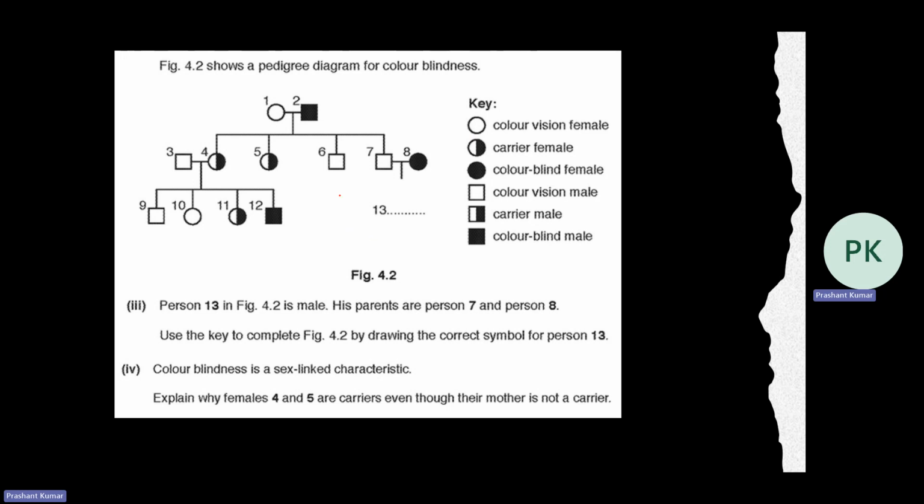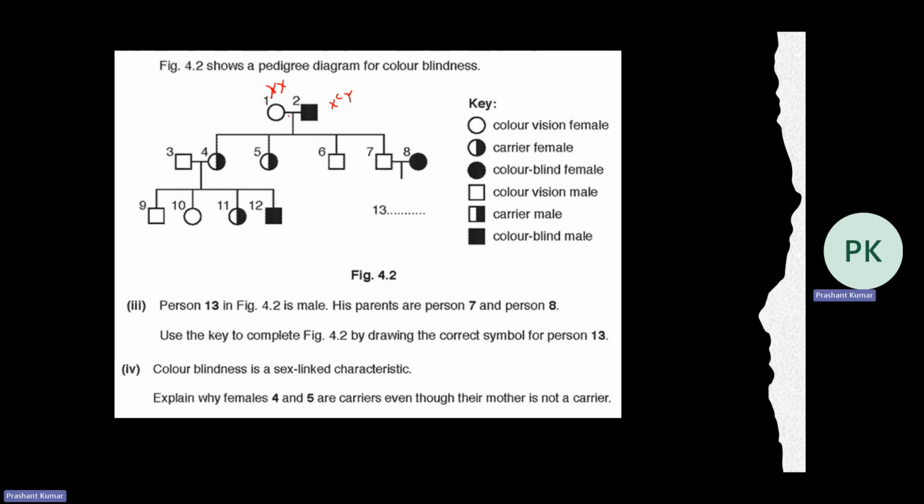So circle means female, and the female is normal here, so let me write XX. The boy is defective, so let's see, XcY.